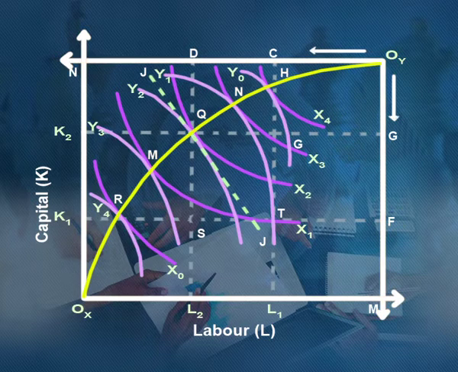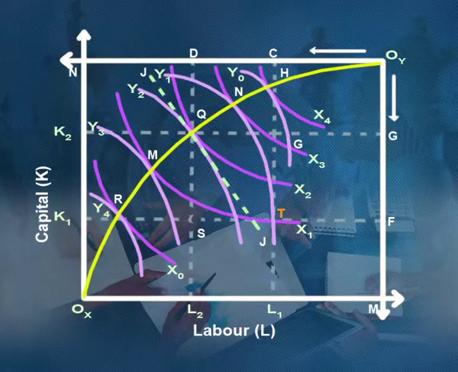This figure shows that points R, M, Q and H are the tangency points of different isoquants of goods X and Y. A curve RH joining the tangency points of isoquants is called the production contract curve. The general equilibrium of production under competitive conditions in the factor markets would lie somewhere on this production contract curve.